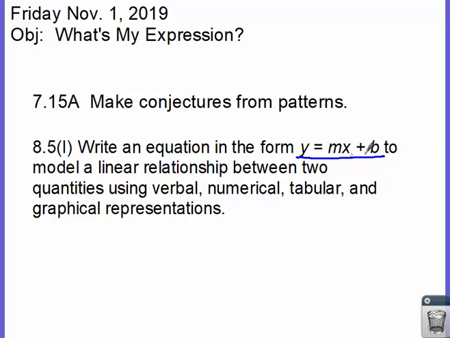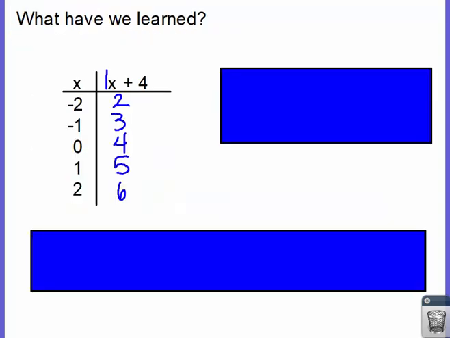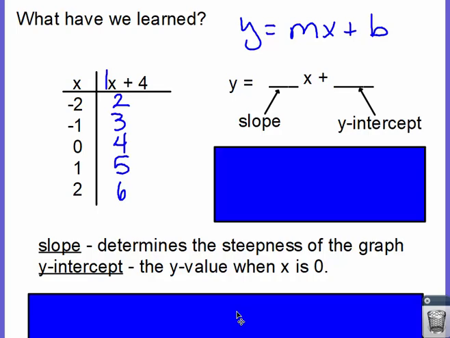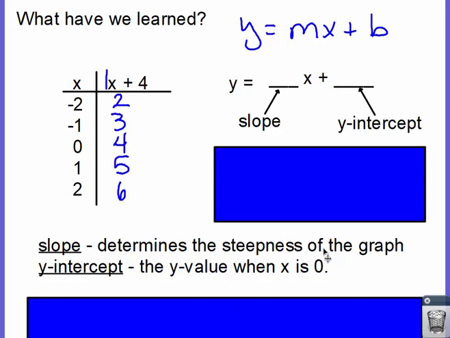This mx plus b is the form of our expression. What's significant is that m is called our slope. This slope determines the steepness of our graph. The bigger the number, the steeper the graph. The smaller the number, the flatter the graph.